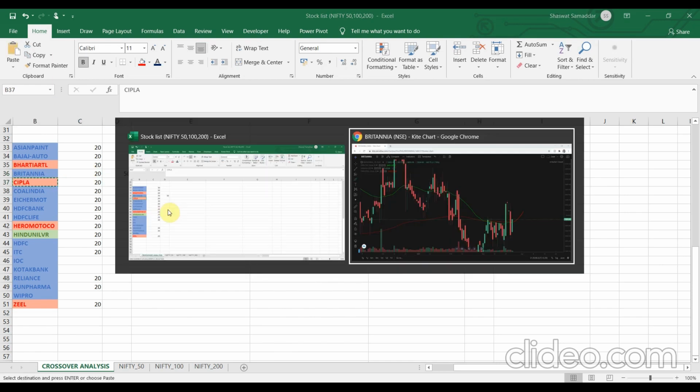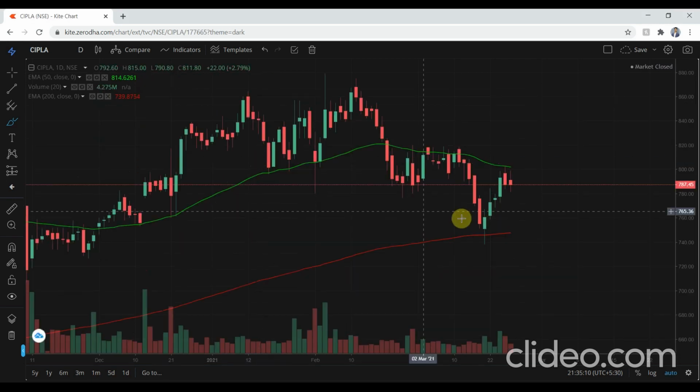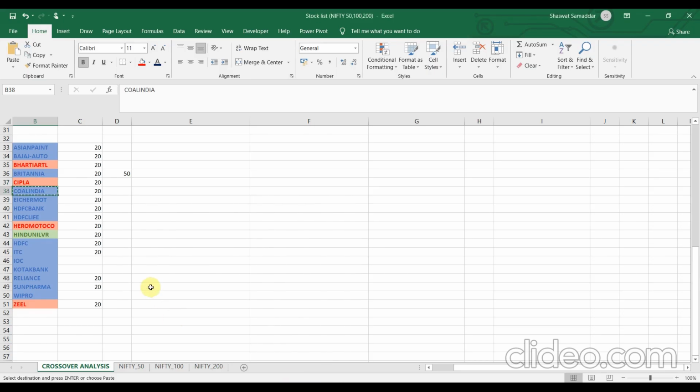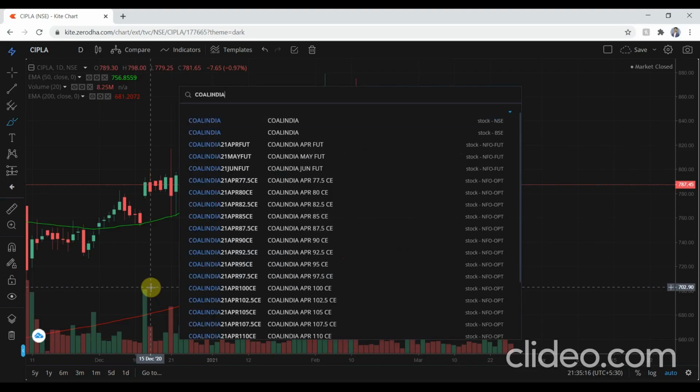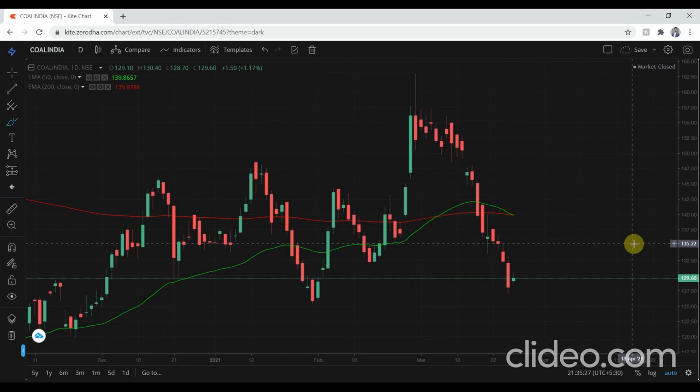Next one is Cipla. Okay, there is no possibility. Next is Coal India. Okay, so the Coal India is about to show a crossover, I guess, or it has shown. Let me delete the volume. I don't need it now.